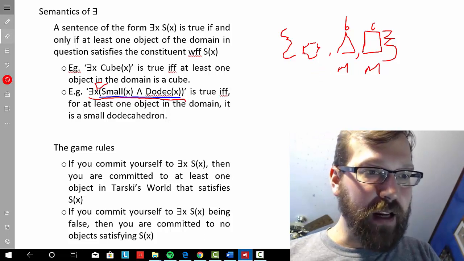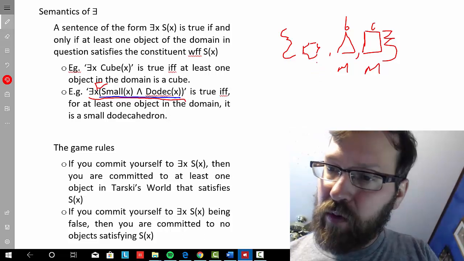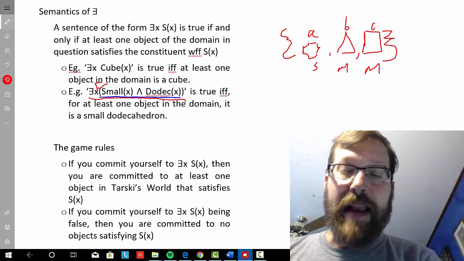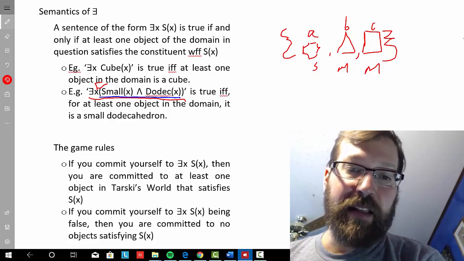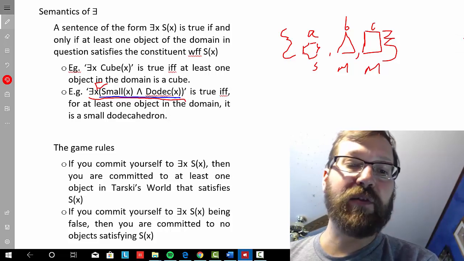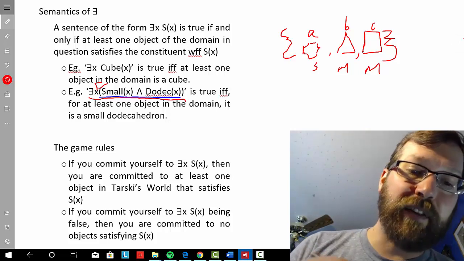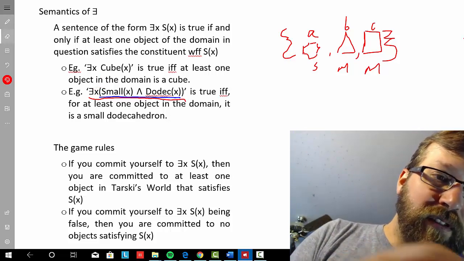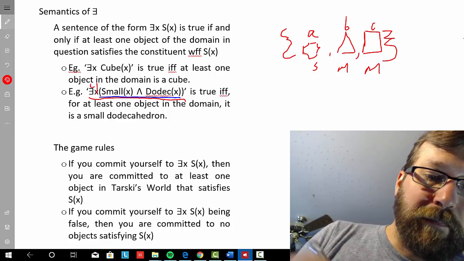And I'm just going to stipulate that it's small. Now A, being small and a dodecahedron, does satisfy that, and since we have at least one object in the domain satisfying it, instead of being false, this sentence will be true.